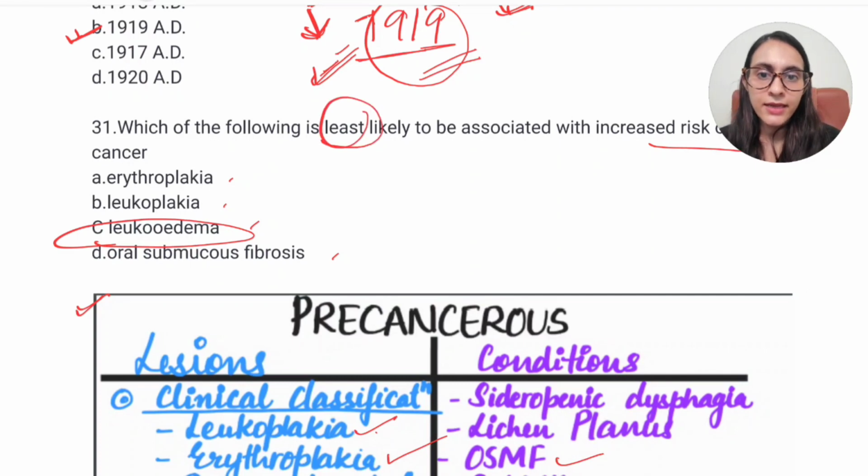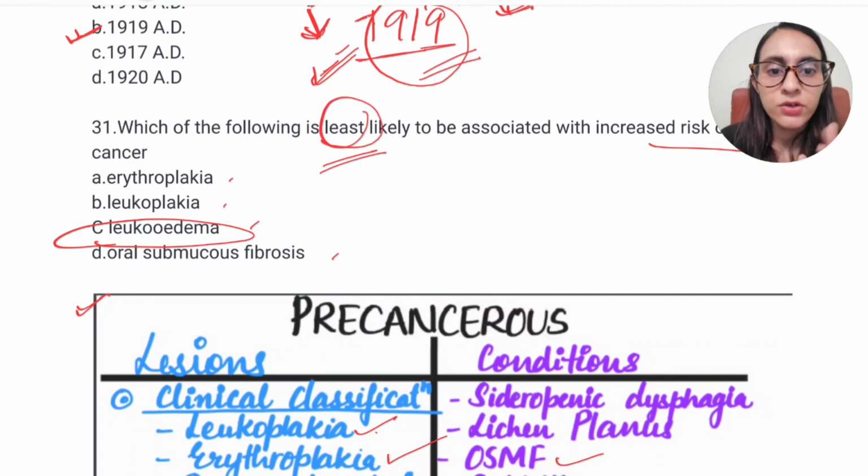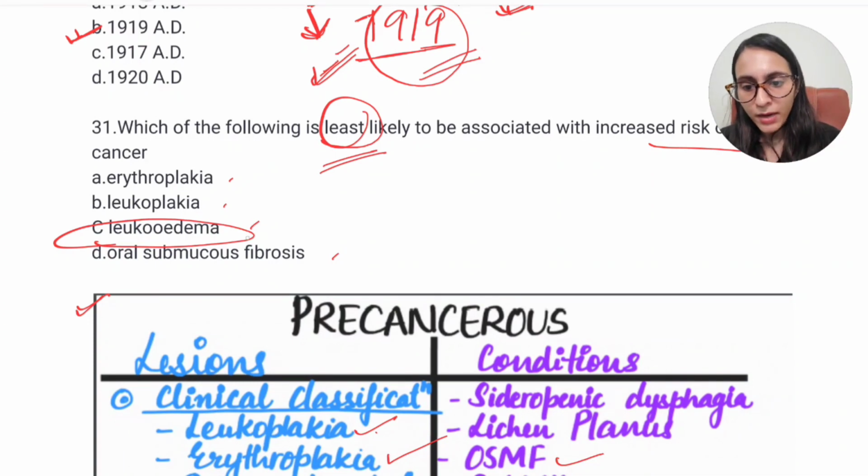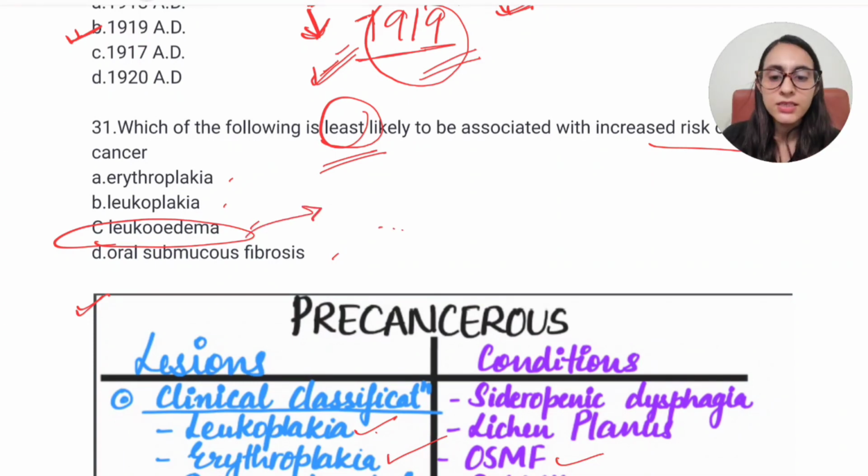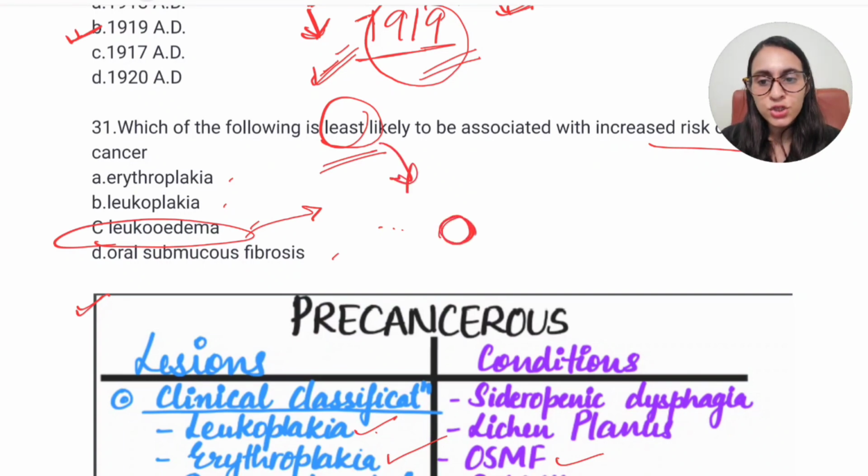It has asked for the least likely, that means which is not associated or least associated with increased chances of oral cancer. Leukoedema is the least likely to be associated with an increased risk of oral cancer. It is a benign condition characterized by a whitish opaque appearance on the oral mucosa, specifically in the cheeks.